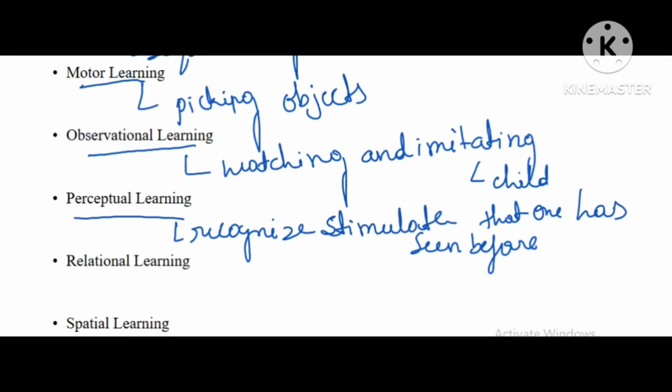And next we have relational learning. Relational learning is saying that you have to learn by differentiating among various things. For example, let's take cooking. When we are cooking the potatoes, you need to measure the salt. Say a tablespoon of salt.